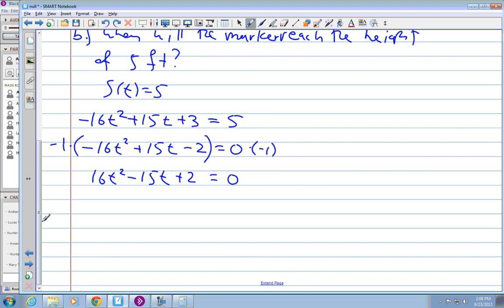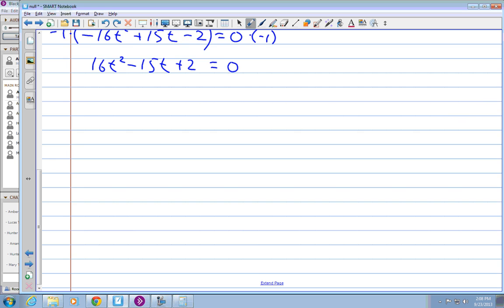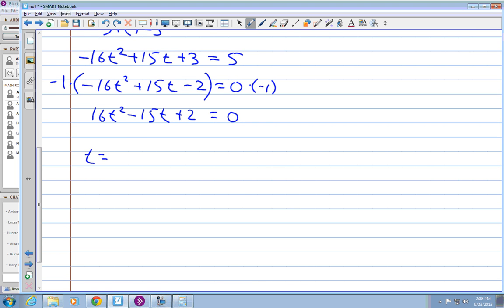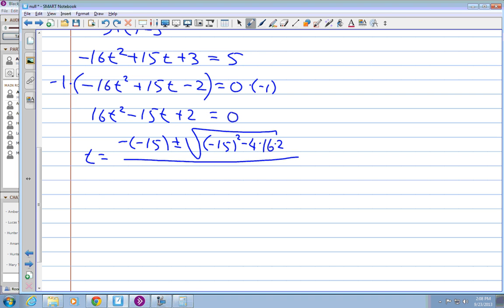So if I plug it in the quadratic formula, t equals negative b plus or minus the square root of b squared minus 4 times a times c, all over 2a, right?